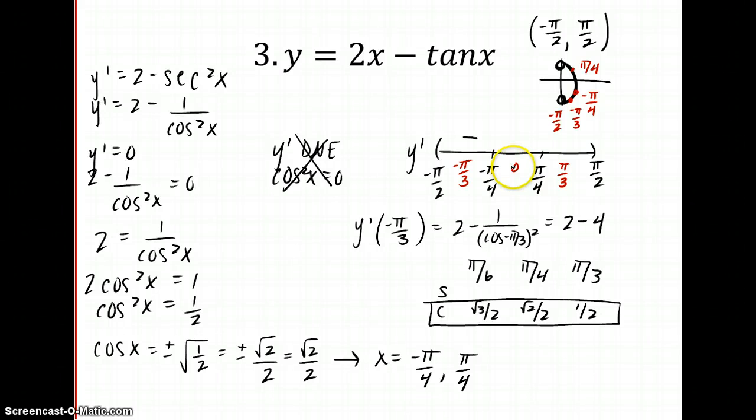When we plug 0 into the derivative, cosine of 0 is 1, 2 minus 1, that would be a positive, and then that would give us a negative because it's the exact same value as negative pi over 3.